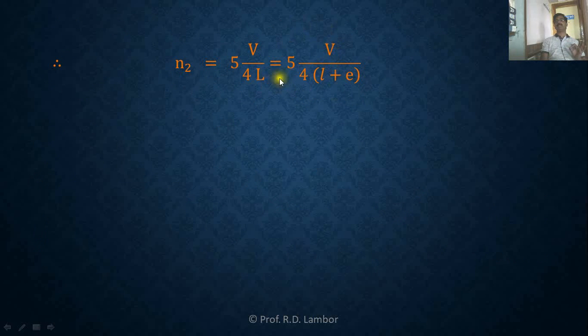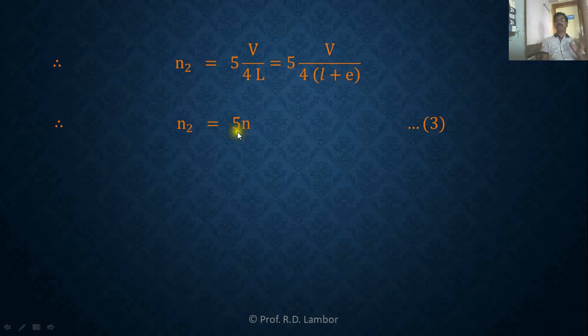And in the next step, the corrected length capital L is substituted as l plus e. And this v upon 4L is nothing but the fundamental frequency small n. That's why we can write N2 equal to 5N. In this equation, N2 is your second overtone frequency, which is equal to 5 times the fundamental frequency.